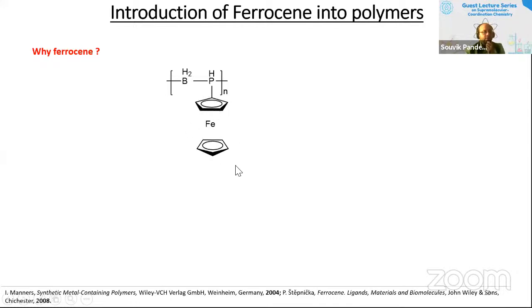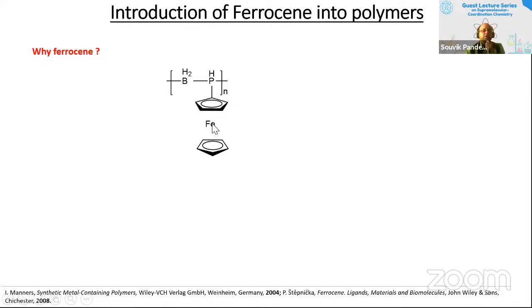This is a sandwich compound. It was discovered around the 1950s. In ferrocene, the iron is connected with an eta-5 Cp ring, carbon, carbon, carbon. All these 5 carbons are attached here, and also attached on the other side. So we write it like a centroid.